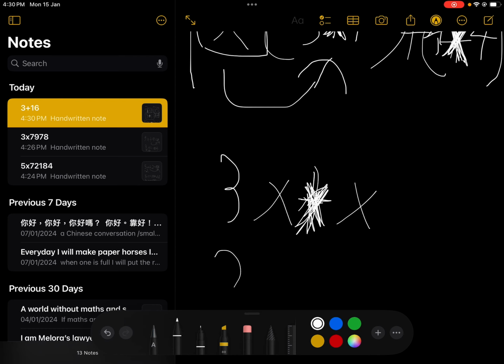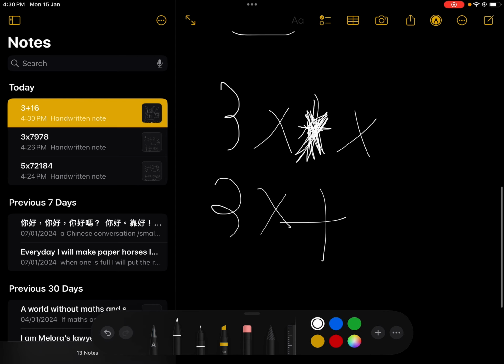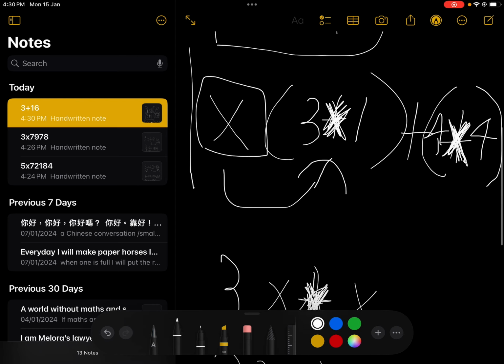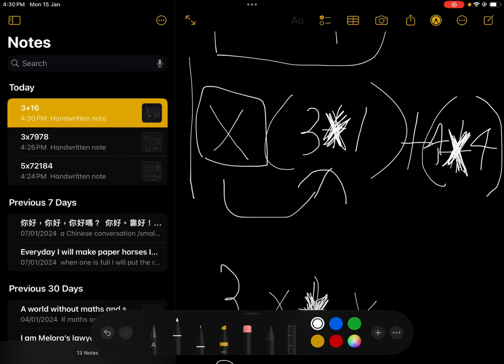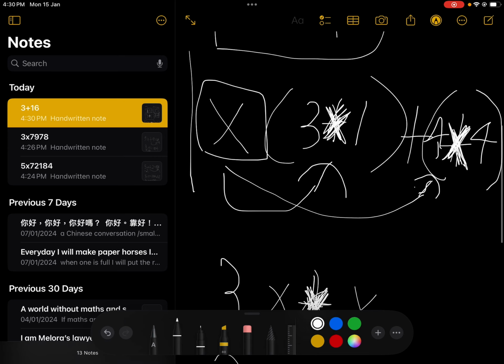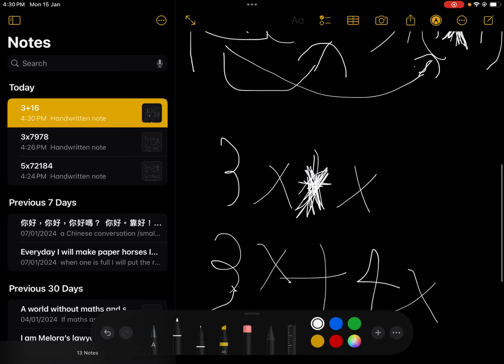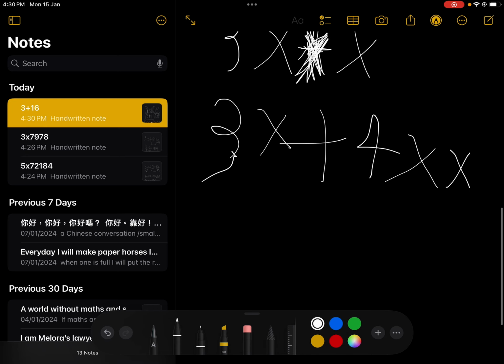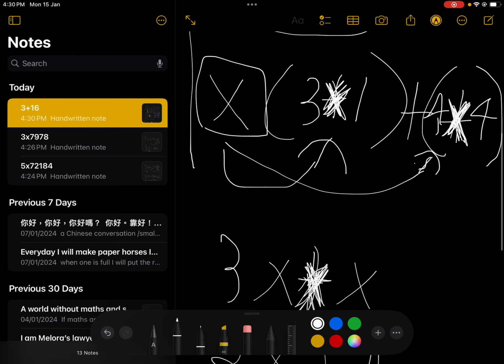So it's 3x plus, distribute the x to the 4, so that would be 4x, and then it's times.